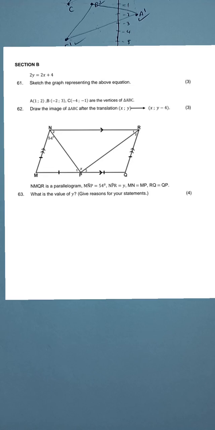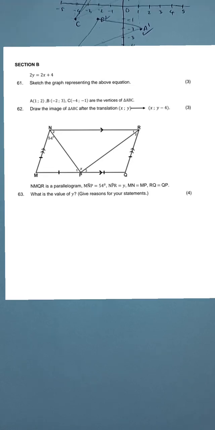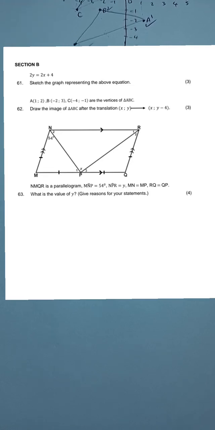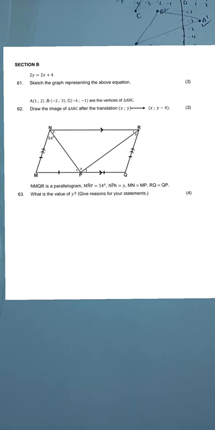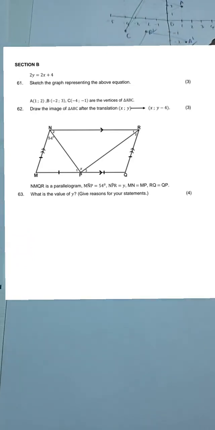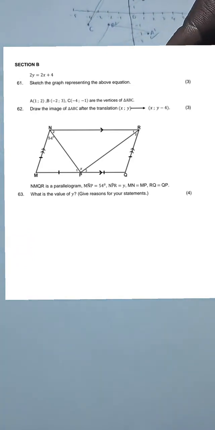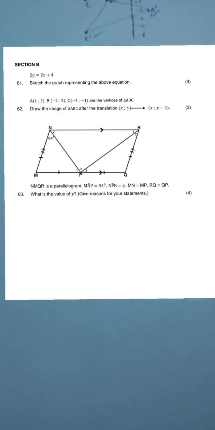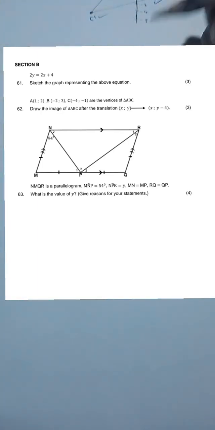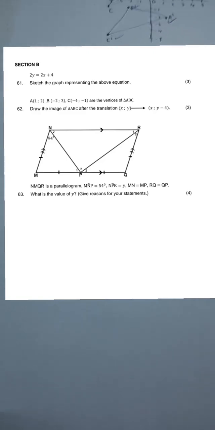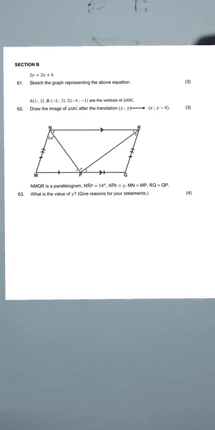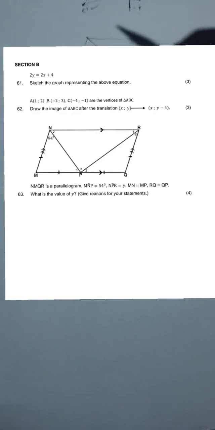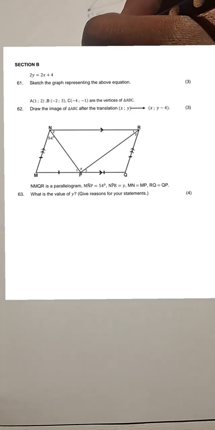NMQR is a parallelogram. As you can see, angle MNP is 54 degrees. Then what else are we told? Angle NPR is Y. I'm sure you can see that in the diagram.